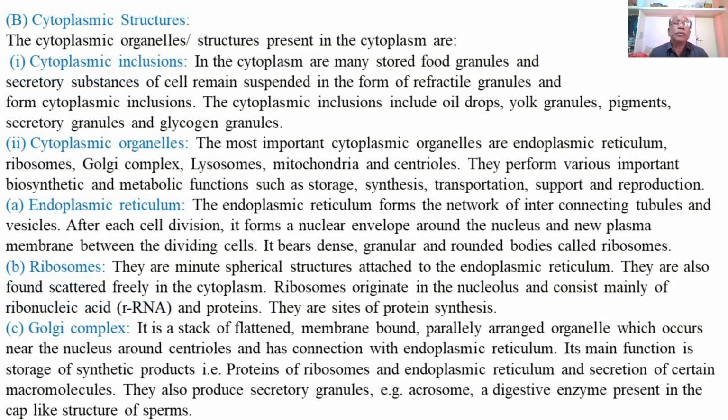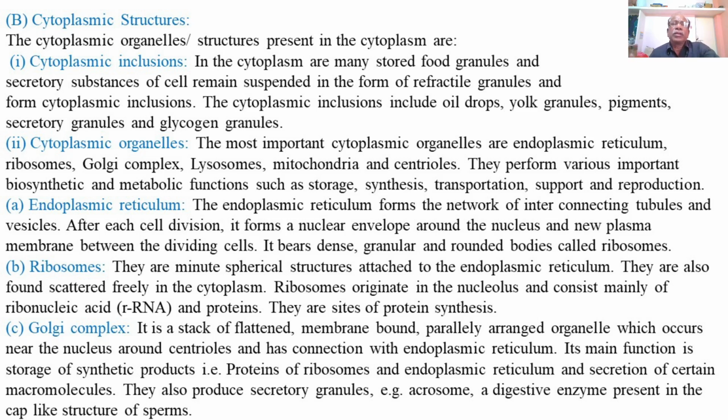Then the second component present in the cytoplasm is cytoplasmic structures. There are two types of cytoplasmic structures present in the cytoplasm: cytoplasmic inclusions and cytoplasmic organelles. Cytoplasmic inclusions include many stored food granules and secretory substances of the cell that remain suspended in the form of refractile granules.